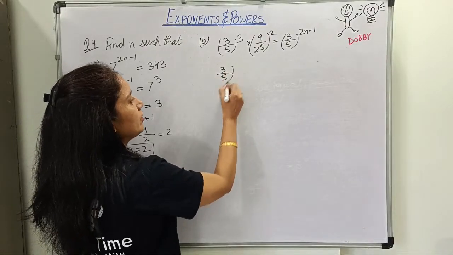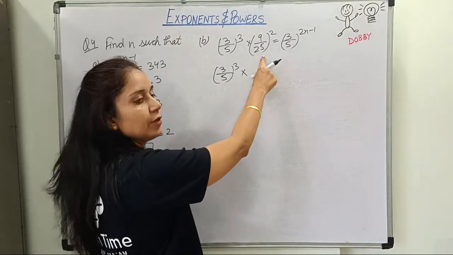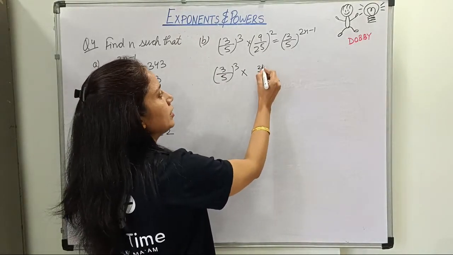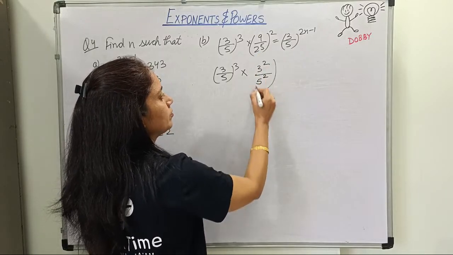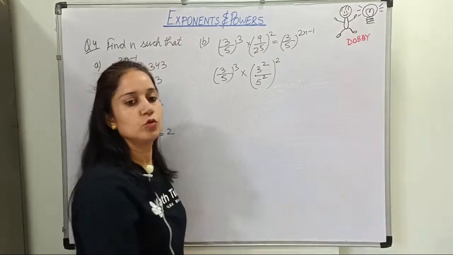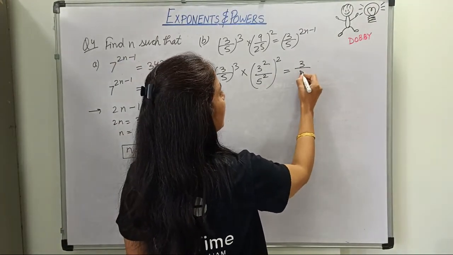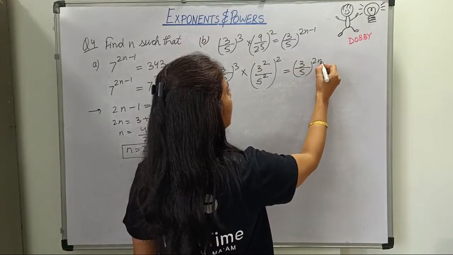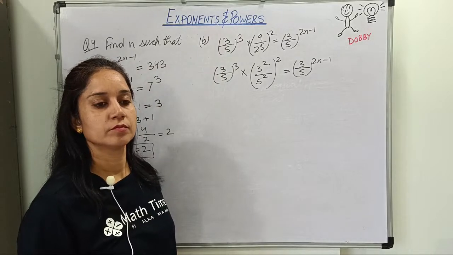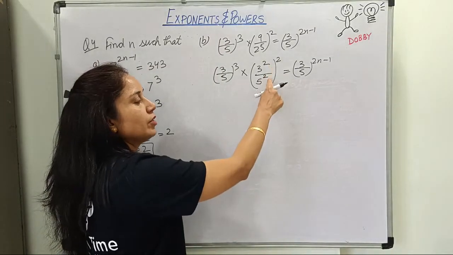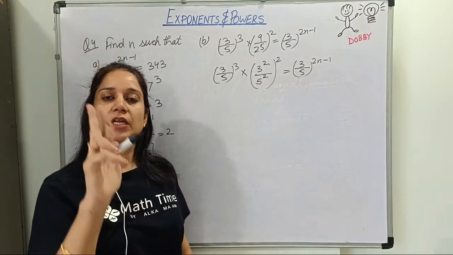3 upon 5 raised to the power 3 multiplied by 9 upon 25: 9 means 3 square and 25 means 5 square. Outside power is 2, equals 3 upon 5 raised to the power 2n minus 1. Inside power 2, outside power also 2. One rational number having two powers.